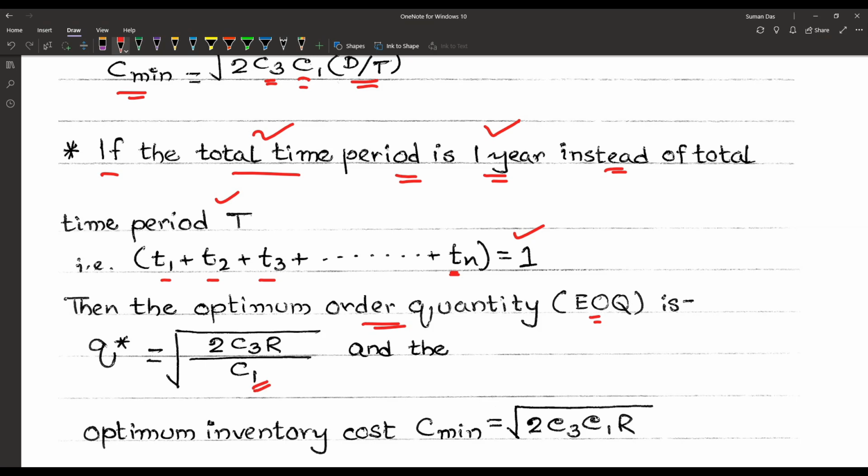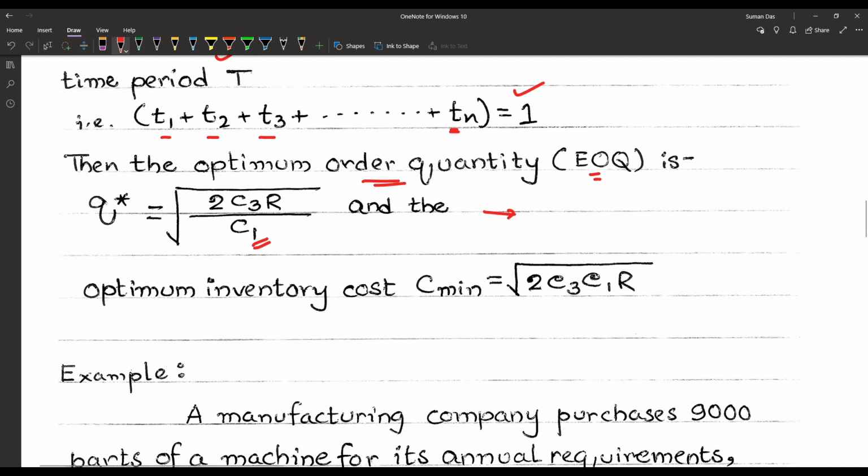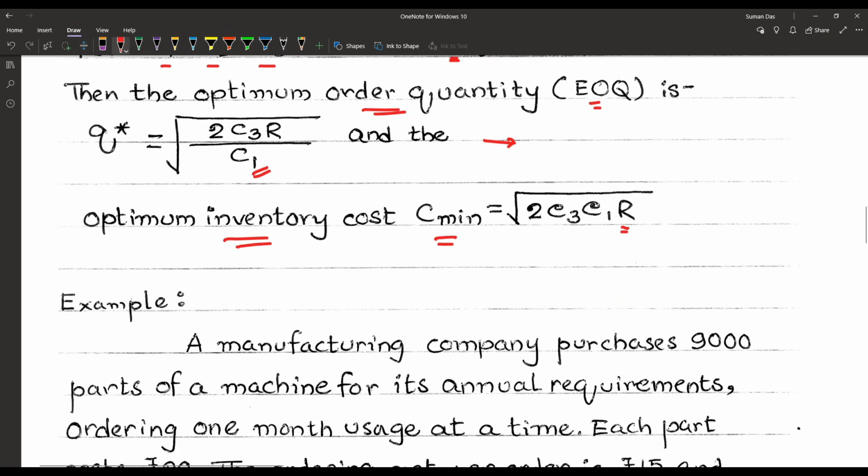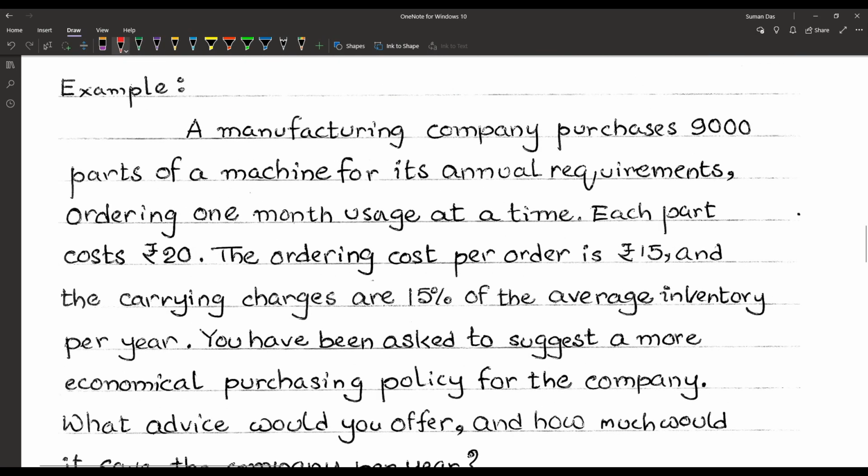That is the formula of model 1A, and the optimum inventory cost C min is square root of 2 into C3 into C1 into R. That is also the formula for the optimum inventory cost for model 1A. So that is the difference. Let's check model 1B with the problems.